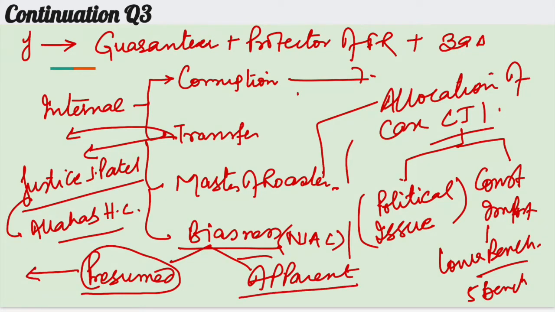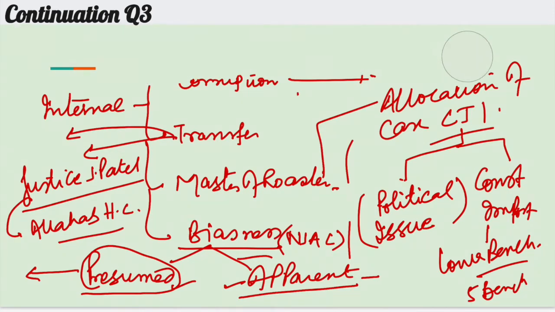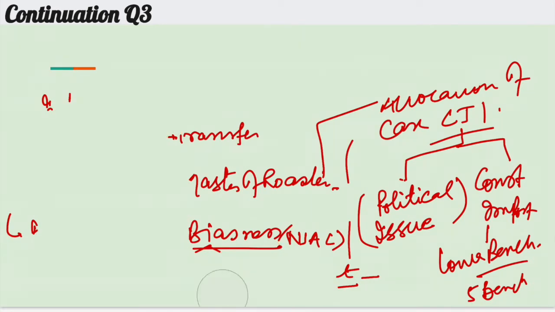And when a rational observer would believe that there is a real possibility that the judge is biased, this is apparent biasness. The Supreme Court itself has said that we cannot deny that there are presumed biasness and apparent biasness in the conduct of the judges. So these are the things which you can mention under the internal challenges of the judiciary.